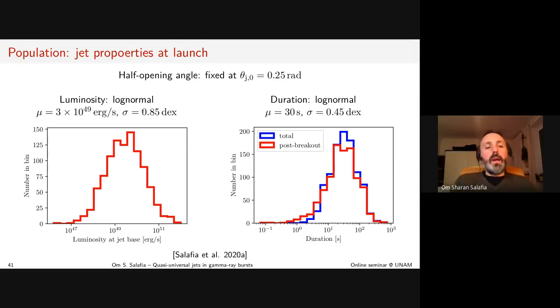We took a log-normal distribution of luminosities, kinetic luminosities of the jet at its base, with an average of 3 times 10 to the 49 ergs per second and less than 1 order of magnitude in dispersion, a log-normal duration distribution, the duration of the jet production, and a fixed opening angle at the base. And then we ran the simulation.